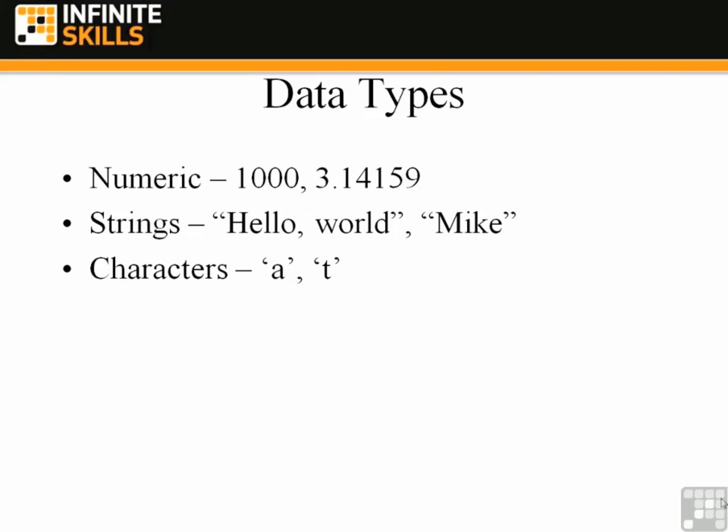You'll notice that the difference between a character and a string is that a character is surrounded in single quotes and a string is surrounded in double quotes. Another example of a data type is Booleans, or the Boolean data type, and that allows true or false values. So data types are very important to programming languages, and in the next lesson we're going to talk about the first of those categories of data types, the numeric data type.